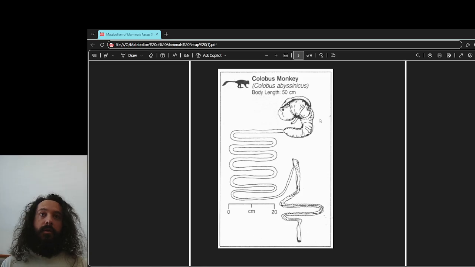So when we go to the extreme side of herbivores, in the monkey and primate genera or orders, we see a very similar bovine stomach or ruminant chamber, as well as an enlarged cecum.